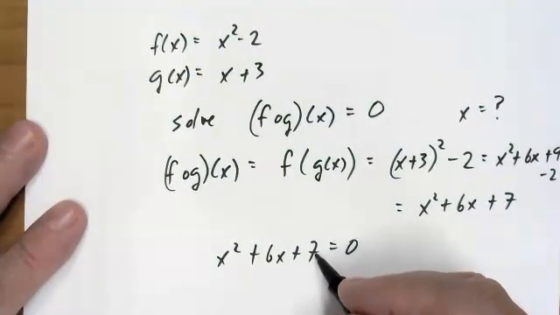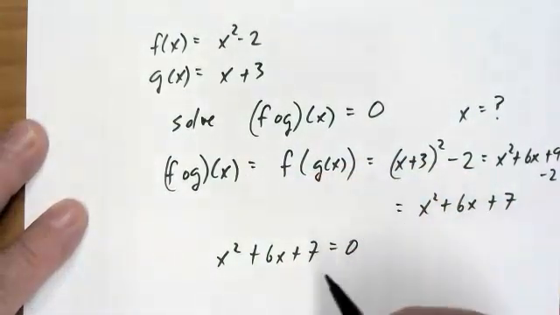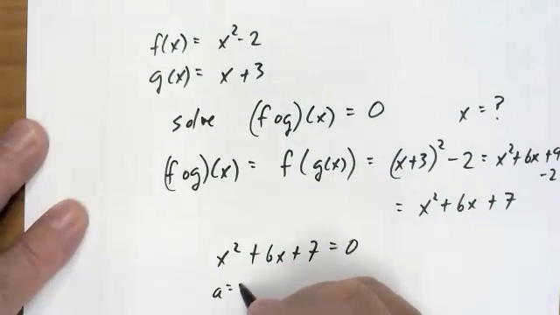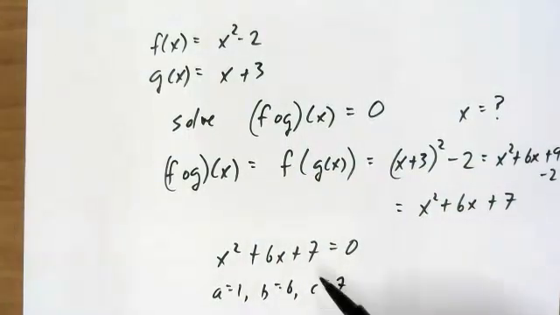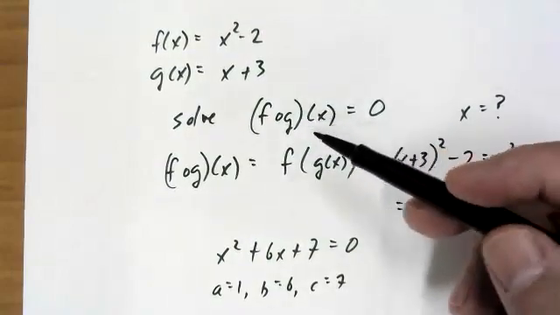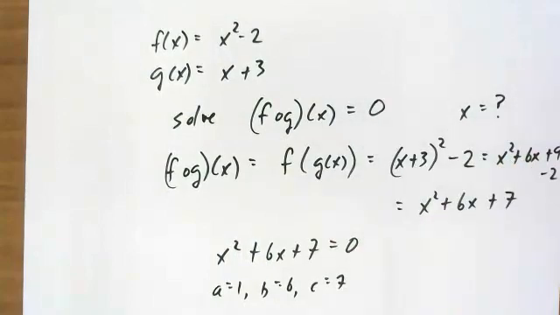I'm actually not going to finish this problem because what you would just do is probably use the quadratic equation where a would be 1, b would be 6, and c would be 7. And you could plug them in, but we've done this before, so I'm not going to take the time to do it now. I just wanted to show you how you go about solving this problem.